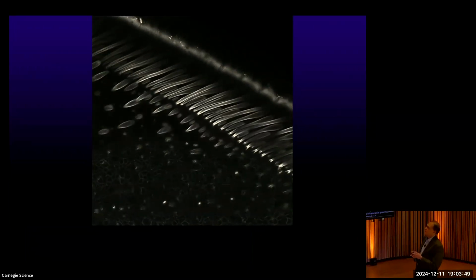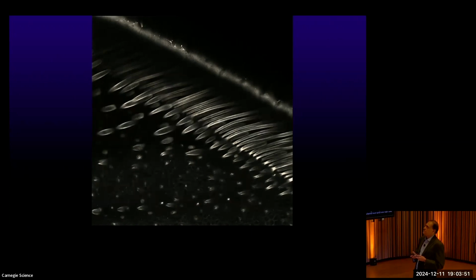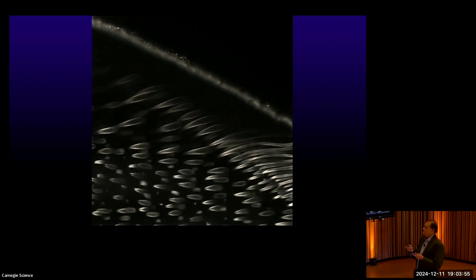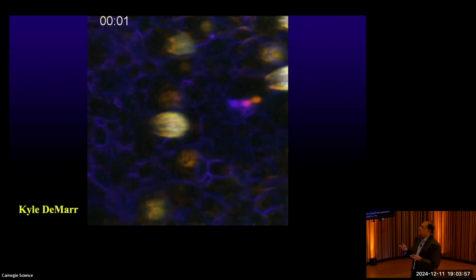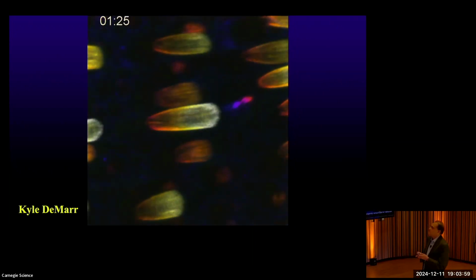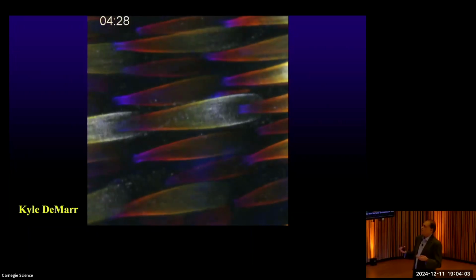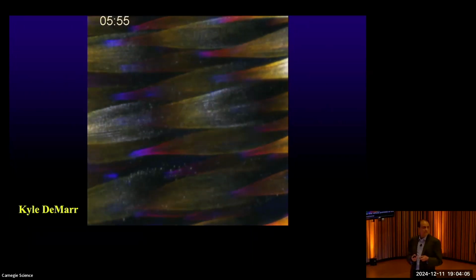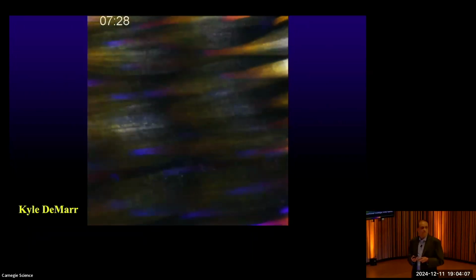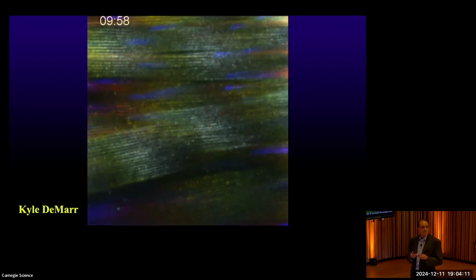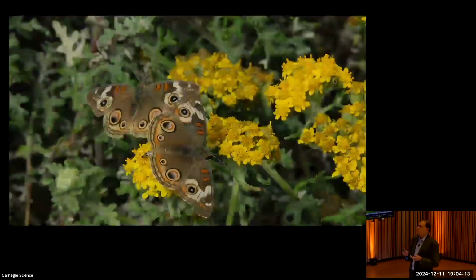And you can see them extend out, and we can see how these structures are formed inside of the scale that generate where the ridges are and so on. Here's a slightly zoomed in version of a movie. And again, you can see the scales growing. This whole process of the scale growth and the initiation of the structural colors really only takes about 3 days. It happens really early in pupal development. So now we have some hope in being able to look and see how these structures are being made.